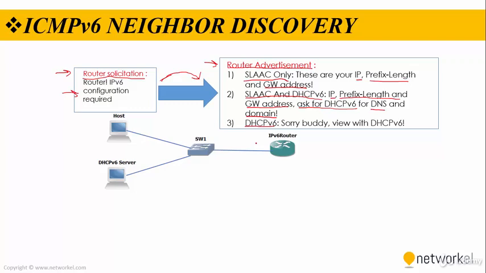And we have the neighbor advertisement message. A neighbor advertisement message is usually sent by a device in response to the solicitation message. And lastly, we have the redirect message, which has similar functionality as in IPv4 and is used to notify the router that it is a next hop closer to the destination.